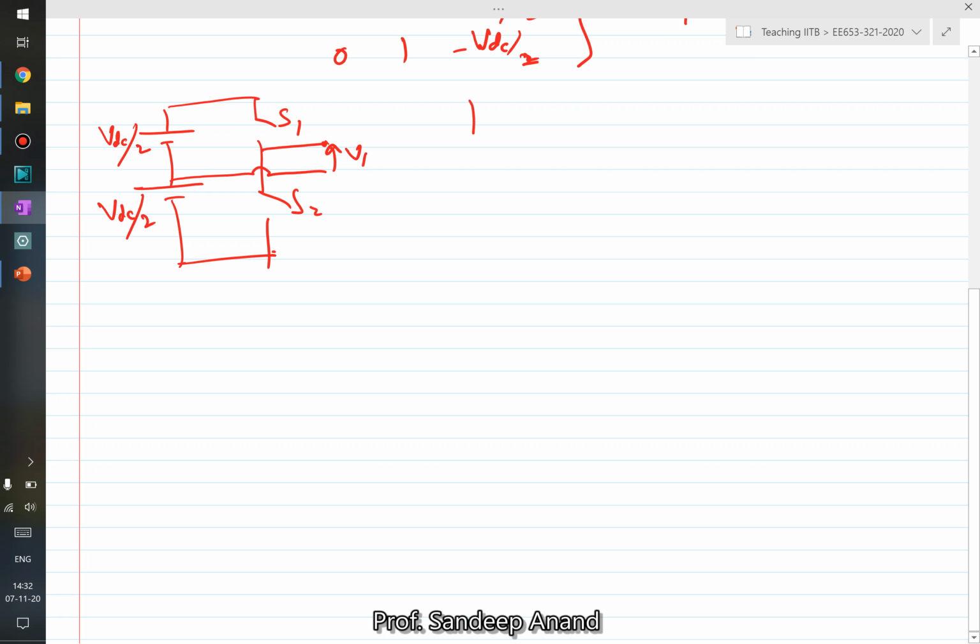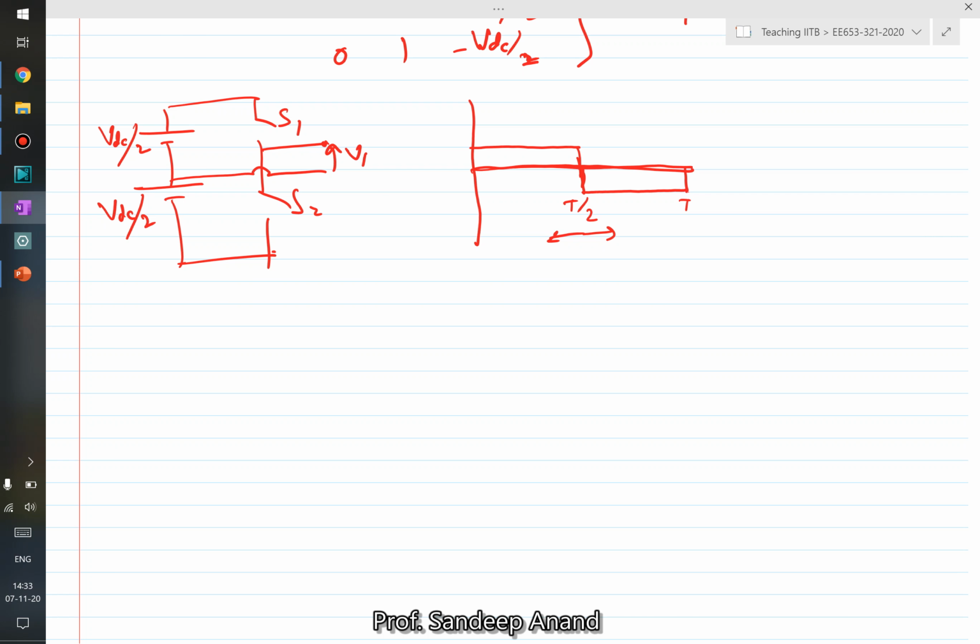Now if you are doing fundamental modulation, which we just saw, then here you cannot have a zero state, so you would have only a plus state and only a minus state, right? So if you do fundamental modulation here, then you are stuck with the RMS value, because if you shift this point not to T by 2, if you shift this point either to left or to right, then you will have DC offset, which you don't want, right? You don't want any DC offset in the AC signal, and therefore in this circuit you cannot really manipulate the RMS value using fundamental modulation, right? Because you don't have a zero state.